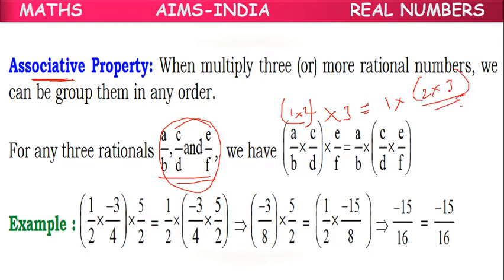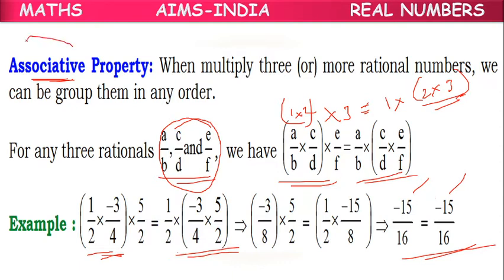We can multiply in either order, we can do it any way, but the result is the same. So we can tell that they follow associative property. Means 3 rational numbers, we can group them in any order, but the product will be the same.